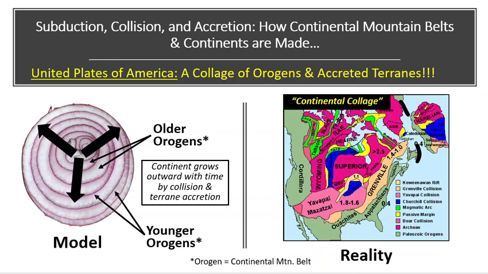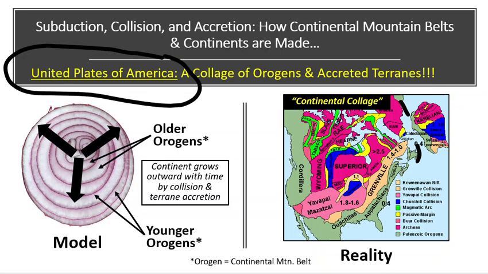And in a sense, we're really looking at an amalgamation of pieces of many different continental plates of various ages. And this collage or amalgamation of origins and accreted terrains led some researchers in one paper I read to refer to North America as, quote, "the United Plates of America," a play on the idea of the United States of America.